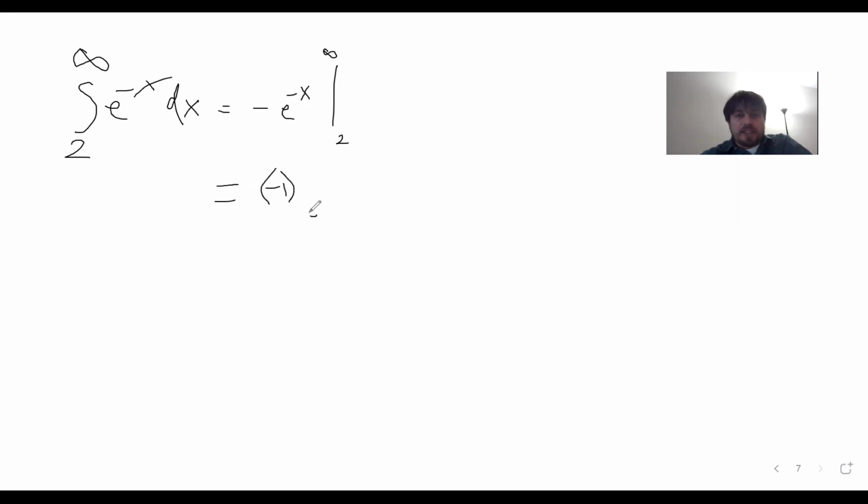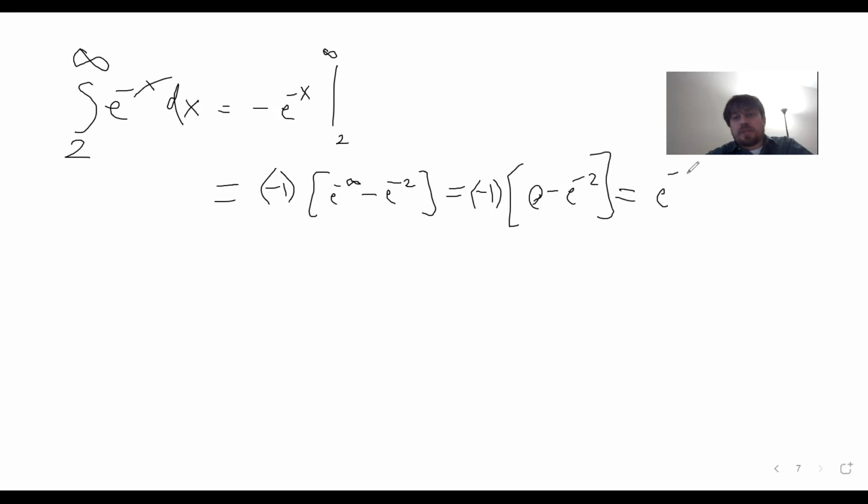So then you plug in infinity, e to negative infinity, minus e to negative 2, and you can use that shortcut. It's negative 1 times e to negative infinity, which is 1 over e to infinity, which is 0. This is 0 minus e to negative 2. So this is negative 1 times negative e to negative 2. Negative signs cancel, and you get e to negative 2. Okay, so it is that value.